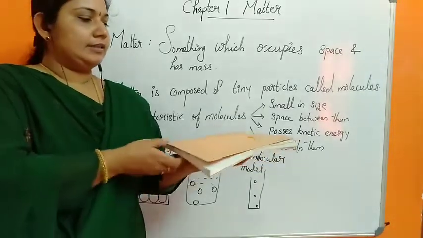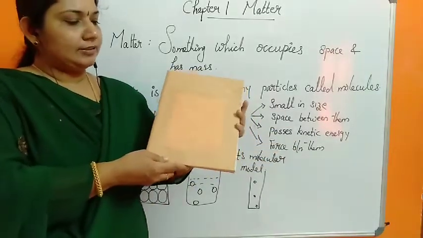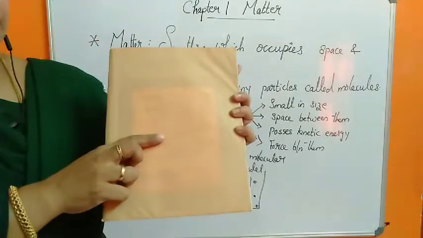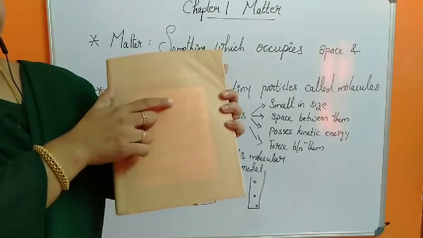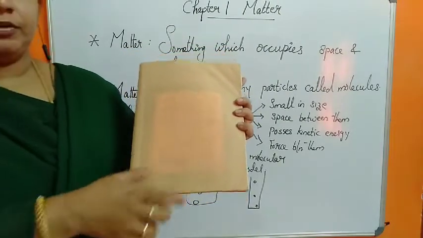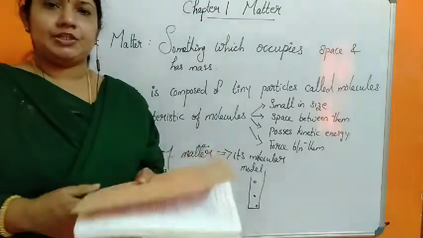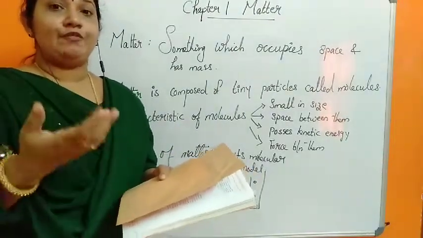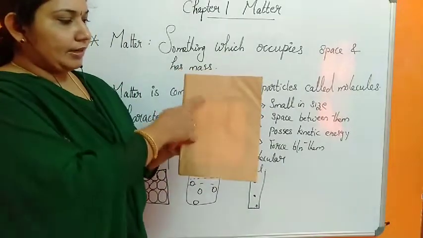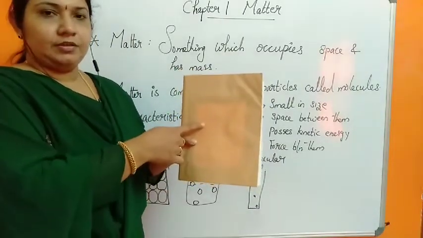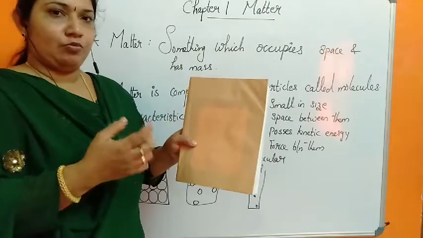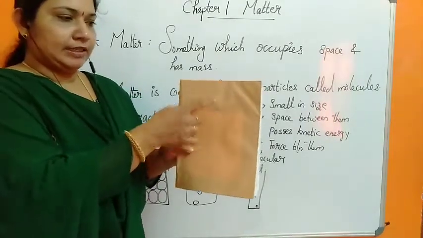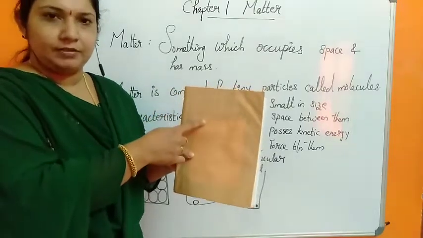Now when I tilt this book, you can see a few drops of water still sticking on this paper. You can see a small drop over here, drop over here, and so on. That is called force of adhesion, the force of attraction between the molecules of different substances. Here this is water and this is a plastic sheet. So there is attraction between molecules of different substances. A molecule of water is attracted to a molecule of the plastic.